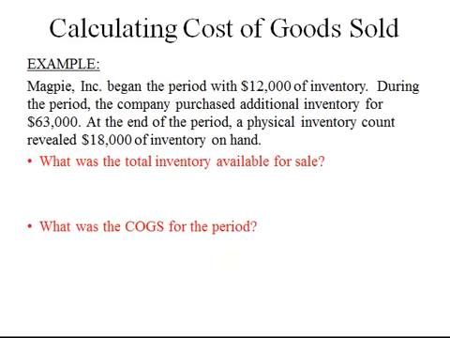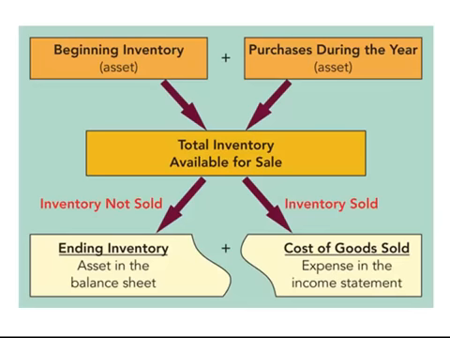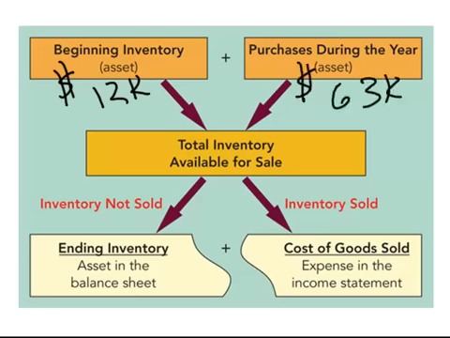Here's an example. To illustrate using the graphic we had before, we began the period with $12,000 in inventoriable costs. We purchased $63,000 during the period and had available for sale $75,000 in costs.